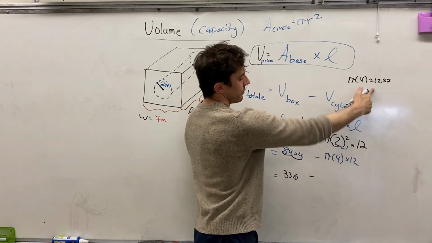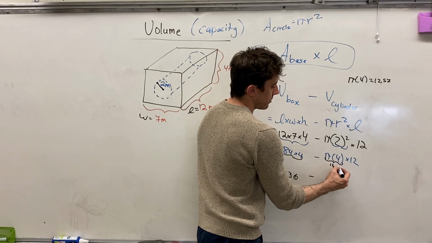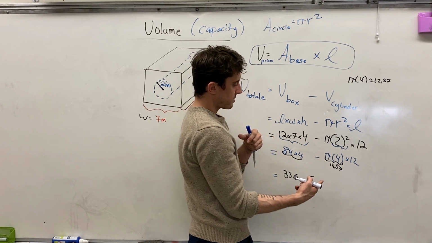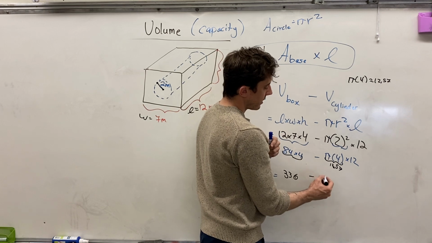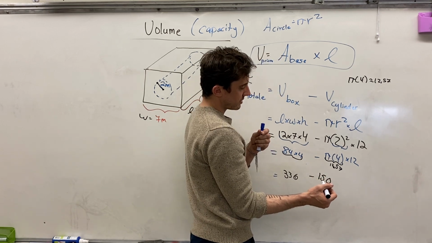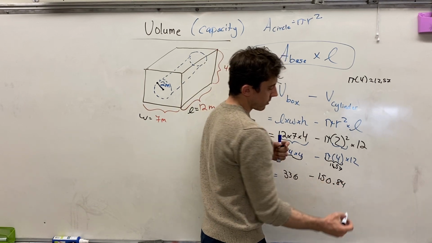And so 12.57 times 12 should give us around 150.84.